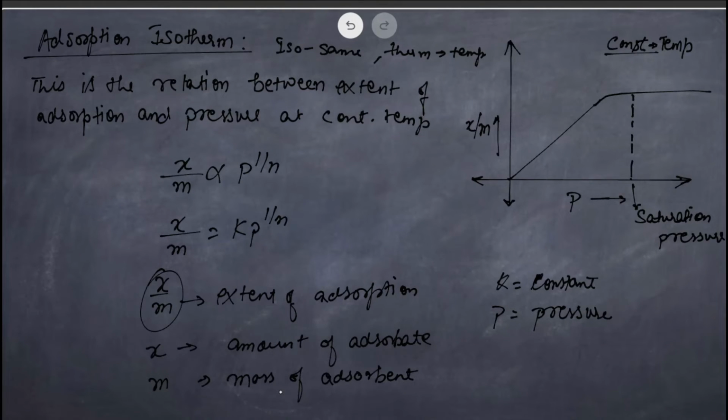What is saturation? After applying this much pressure, the graph became constant. There is no more extent of adsorption. Adsorption stops at this pressure. After this, no further adsorption happens.